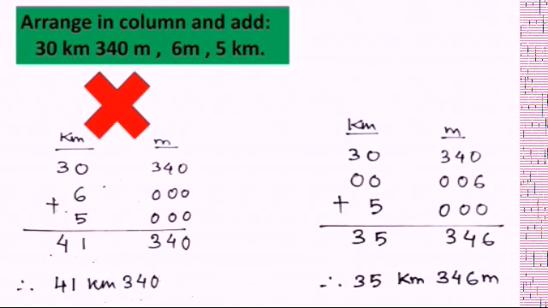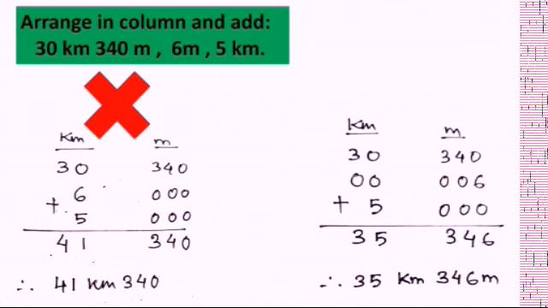Another example: here also I have done two sums, and the first sum is incorrect and the second one is correct. You need to find out why, and write it in my comment section.